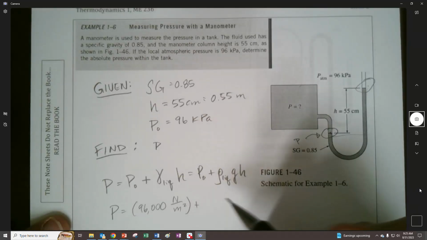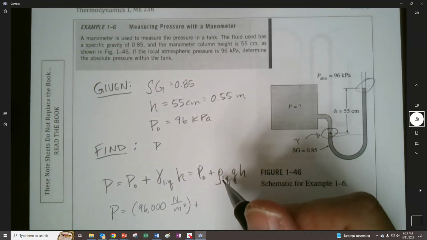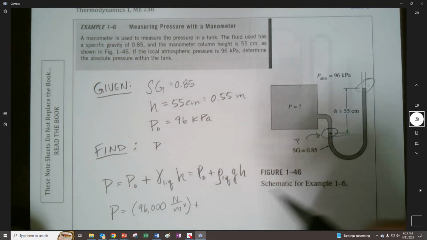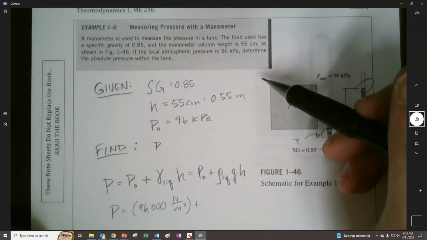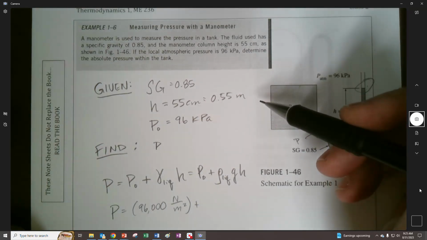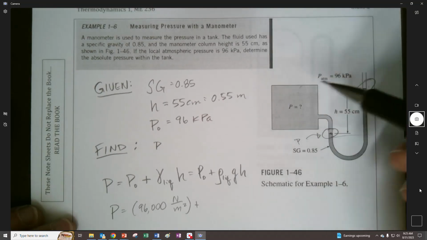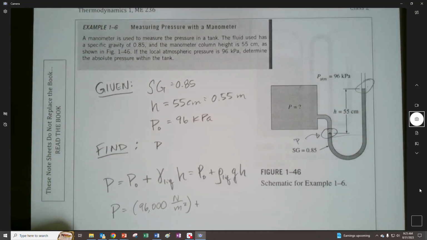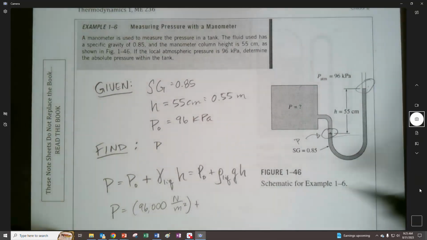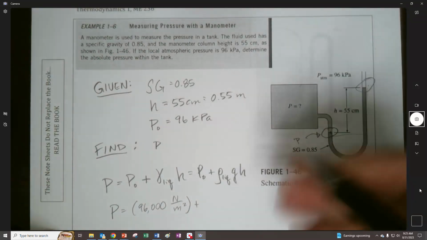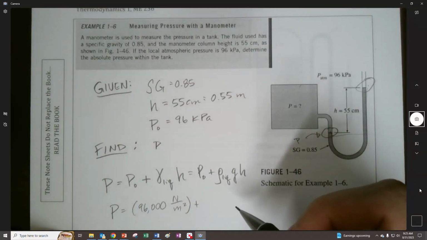And then plus, the liquid. People might argue about the density of water, and for whatever reason, people like to be very picky about it and say that it's 999 kilograms per meter cubed. I personally think just go ahead and use 1,000. What the hell?